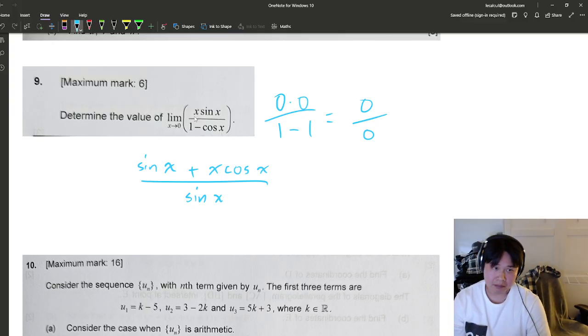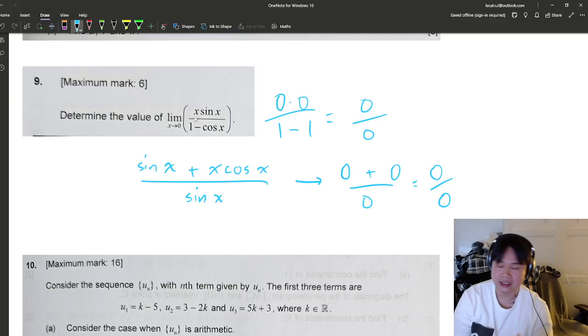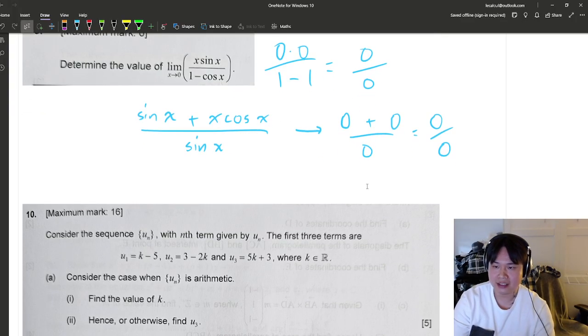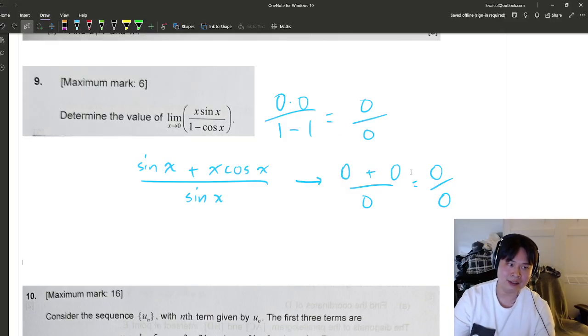Okay, and then we try again. If we were to plug in the value of our limit, what do you get? You get 0 plus 0 over 0. So still indeterminate. What that means is that we just do another derivative and we apply another L'Hopital's rule. Because if the limit of this is the same as the limit of that, and then we do one more, then the limit of this is the same as that, which is the same as the original.